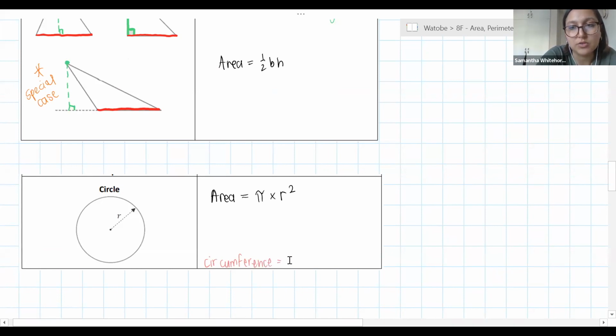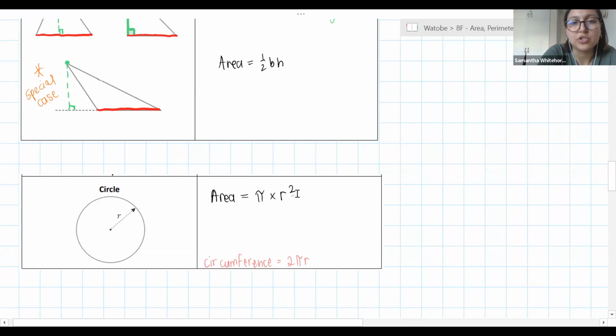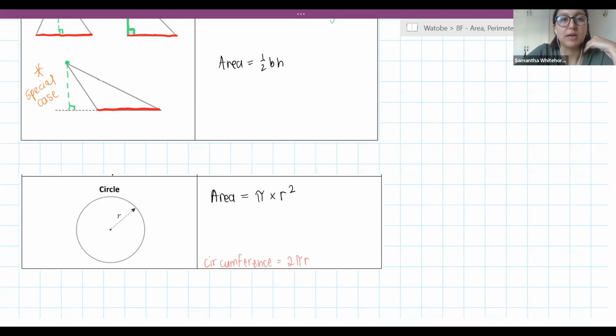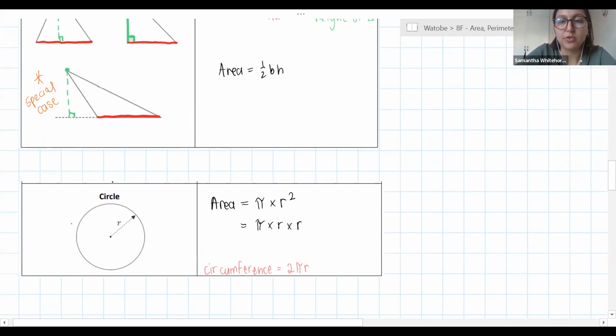The way I like to remember it is that the area formula has the squared in it, whereas the circumference formula does not. Okay, so pi r squared is the area of a circle. Again, as Amatli has also put in the chat, if you want to expand this a bit more, you could also say pi times r times r. That's absolutely fine. Okay, so again, if you want to take a screenshot, do that.